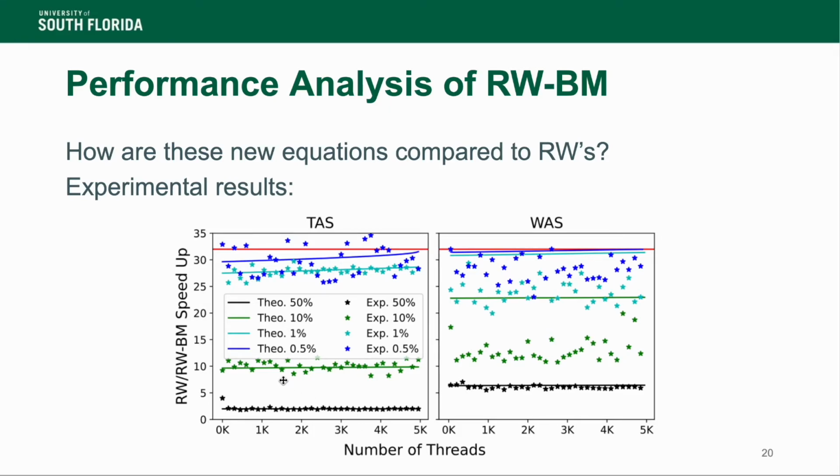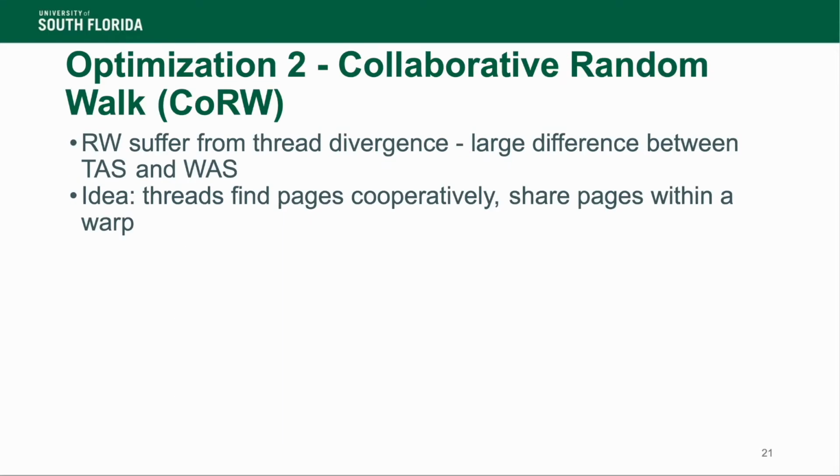Here we performed experiments on different levels of free pages, and the lower the percentage of free pages, the ratio of the speedup of the bitmap implementation over the basic implementation approaches 32, as you can see here that it moves from the black line to the red line.